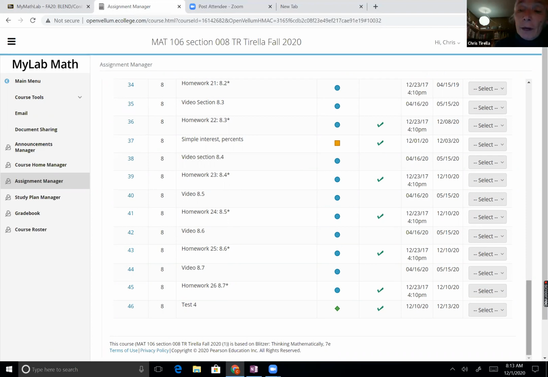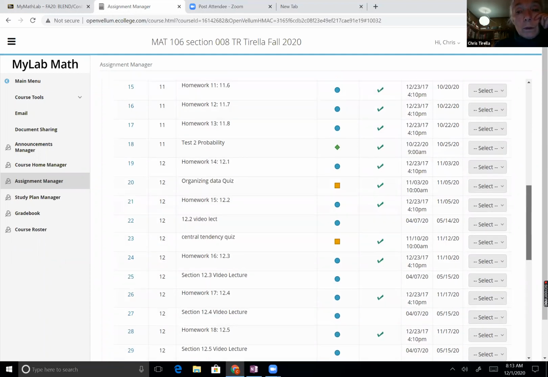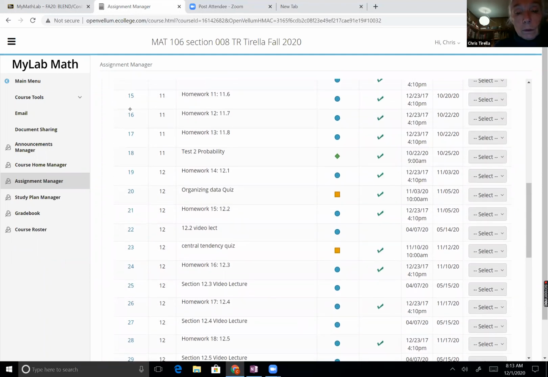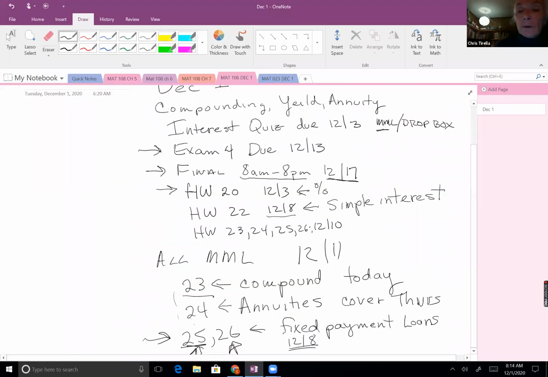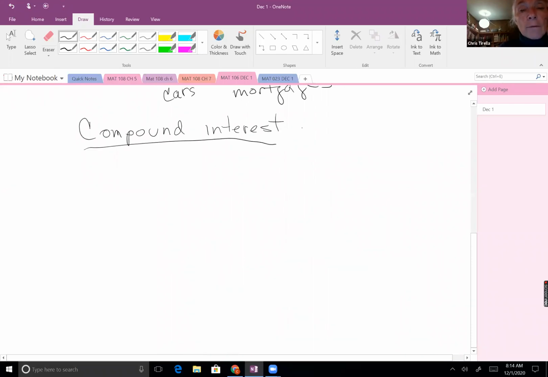Does anybody have any questions on homework 20 or 22? If not, last class, we ended up looking at the idea of compound interest, and we had said that that was when you make interest on the interest.